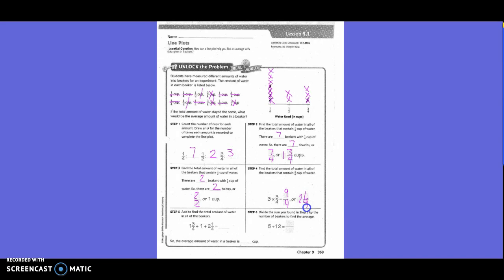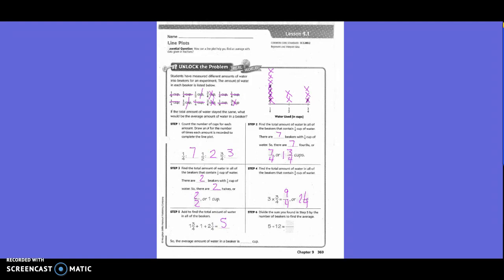So they said add to find the total amount of water in all the beakers. So 1 and 3/4 plus 1 plus 2 and 1/4 equals what? 5, because 1 plus 1 plus 2 equals 4, and 3/4 plus 1/4 equals 1. So 4 plus 1 is 5.